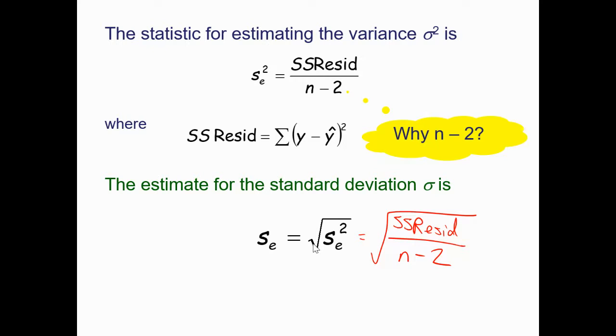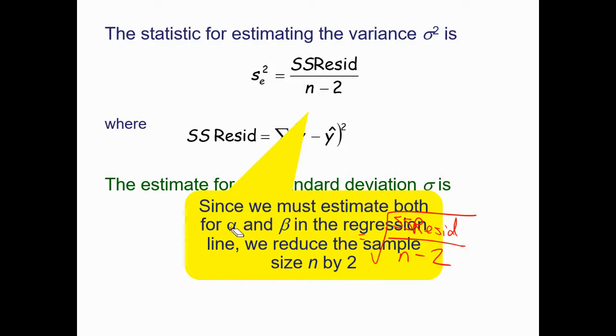We're not estimating as are observed. We're estimating alpha and beta. Those estimates are our a and our b. Since we have two estimates, we have to reduce the sample size n by 2. If we had more things that we were estimating, we would have to reduce it by even more than that.